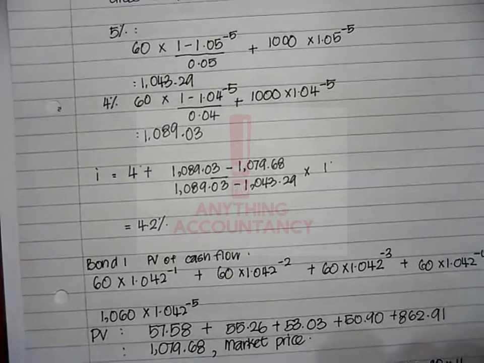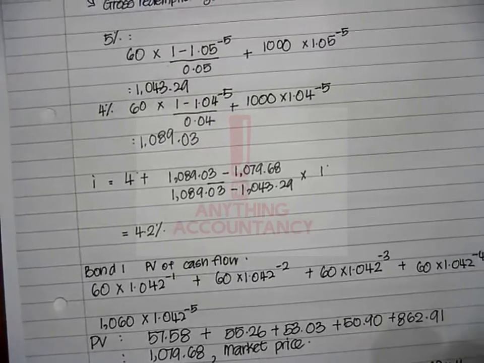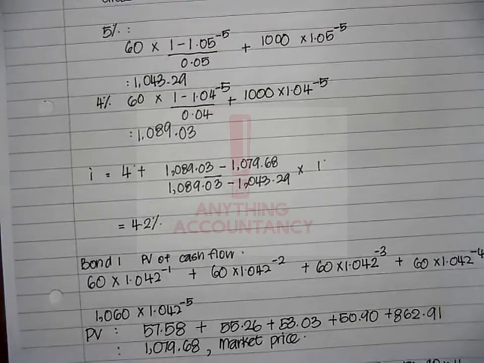You should get 4.49 years. Okay, that's the Macaulay duration.